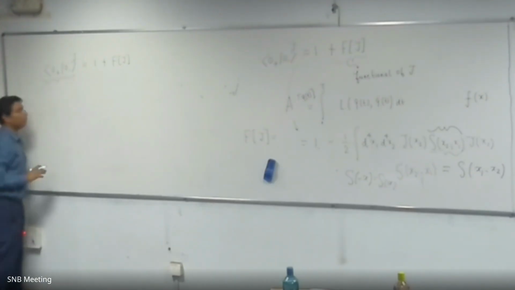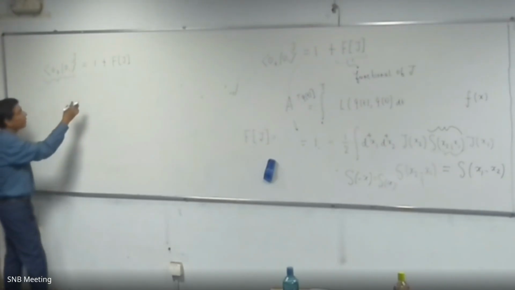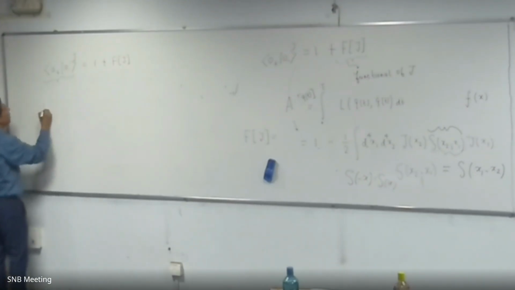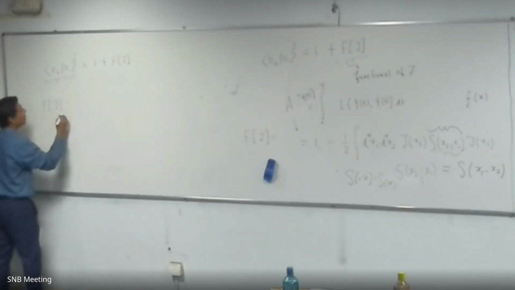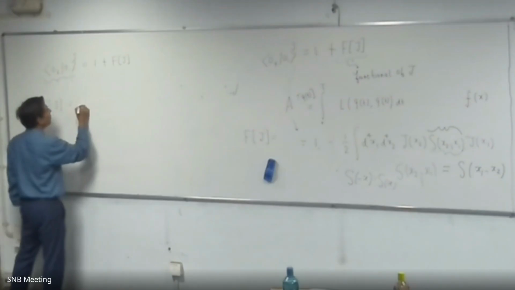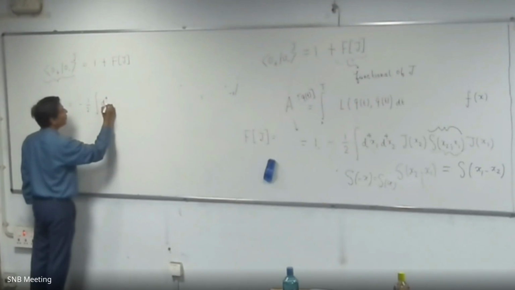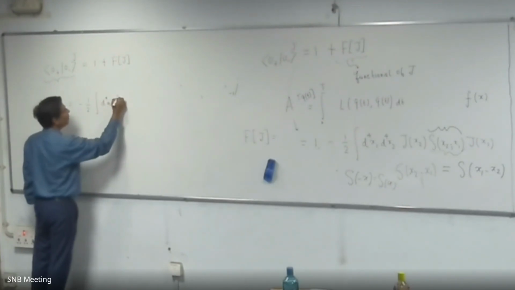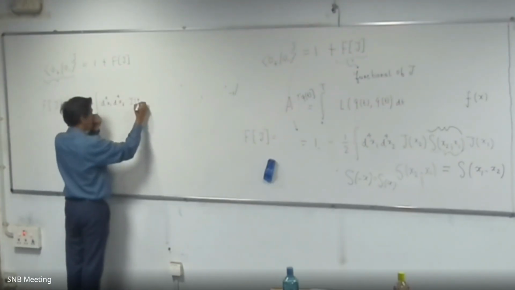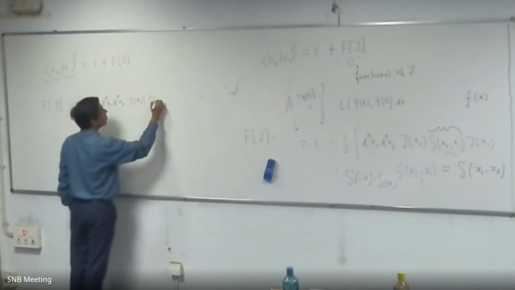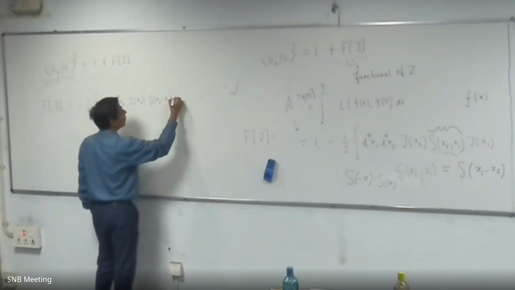And I mentioned to you in the previous lecture that this function f of j that we have depends on the source j, and this is of the form minus half integral d4x1 d4x2 j(x2) S(x2 minus x1) j(x1).